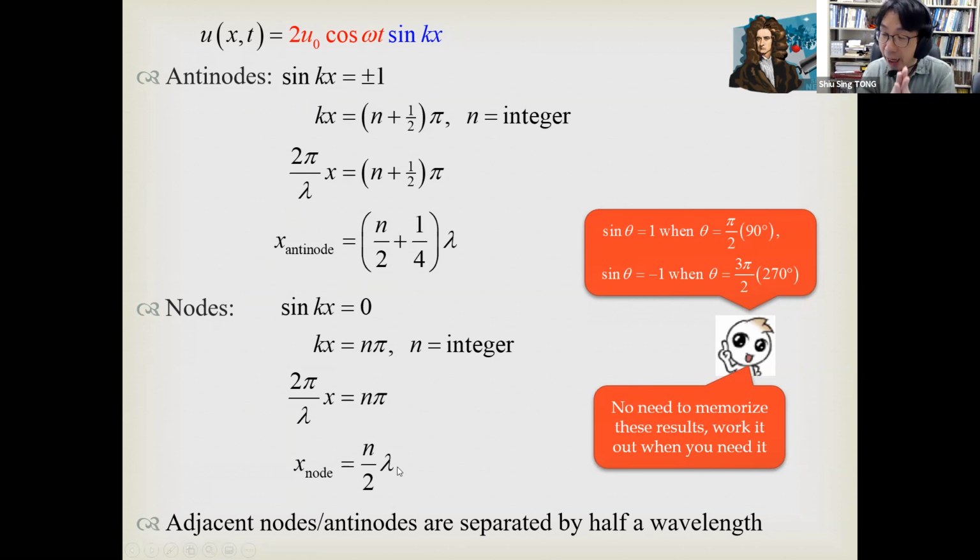So when n changes by 1, the position changes by half a wavelength. That means adjacent antinodes are separated from each other by half a wavelength. Also, adjacent nodes are separated by half a wavelength.